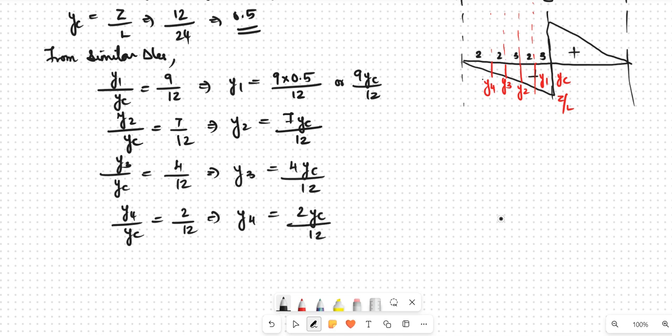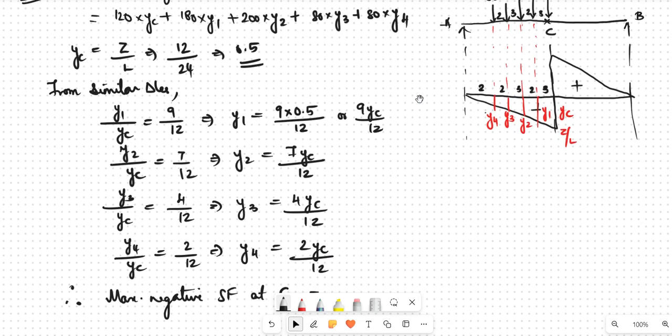Okay. Now substituting, we can write therefore maximum negative shear force at section C is equal to, let us substitute in the equation we have written above.